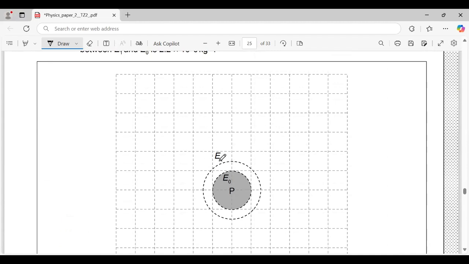This is E0, E1, and I'm going to add one more circle around here. This is E0, E1, and E2.